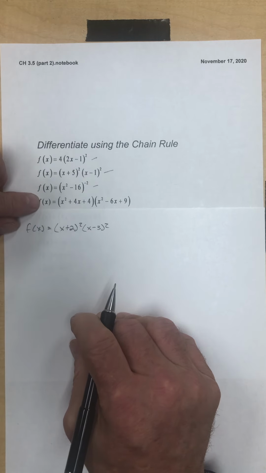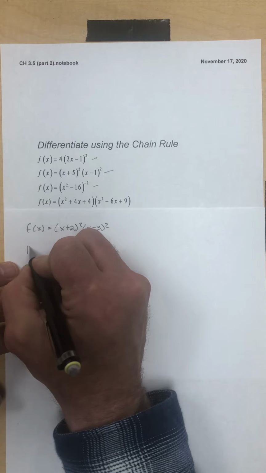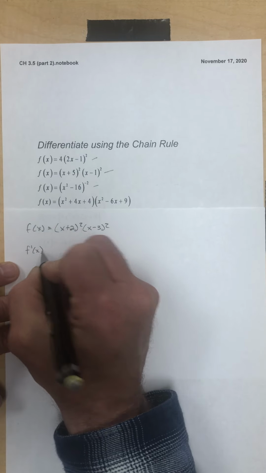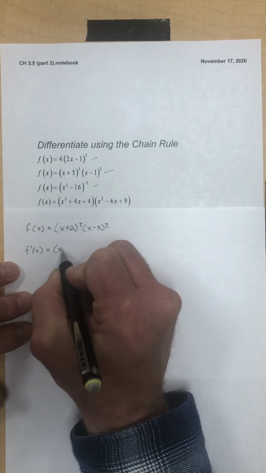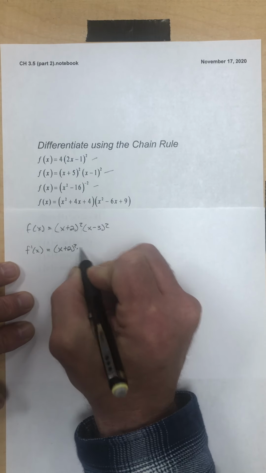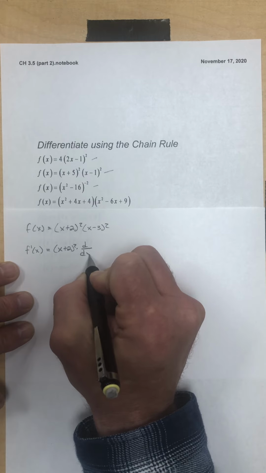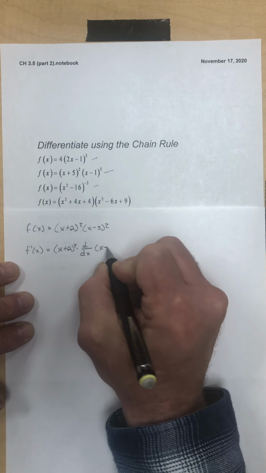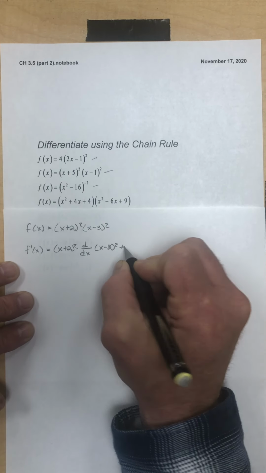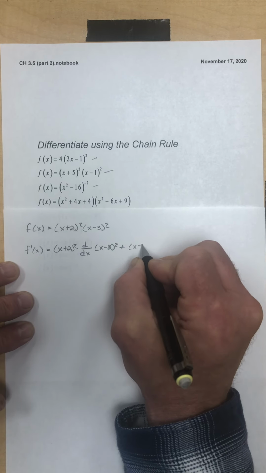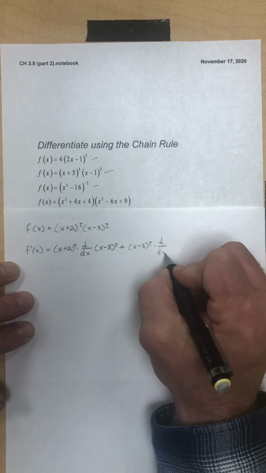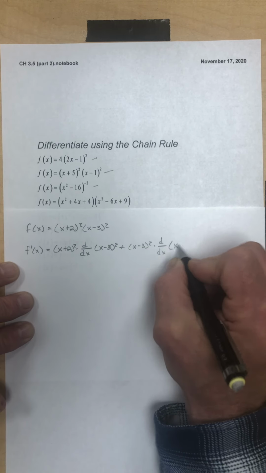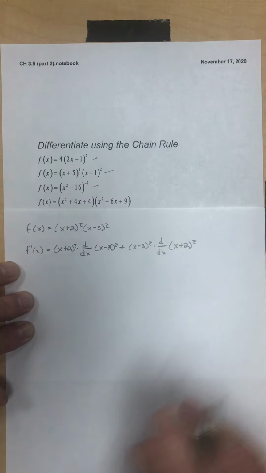Notice that this guy and the one we just got done are real similar. So if I take the derivative, I could use the product rule and the chain rule. So I take the first, x plus 2 squared, times the derivative of the second, x minus 3 squared, plus the second, x minus 3 squared, times the derivative of the first, x plus 2 squared.